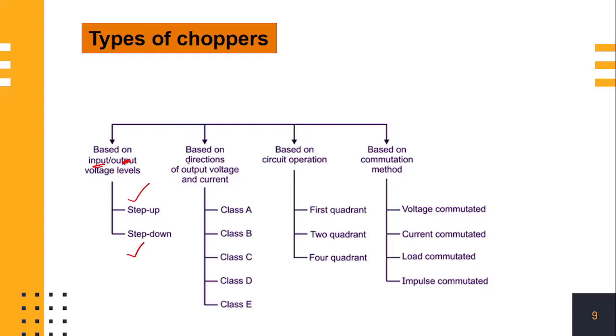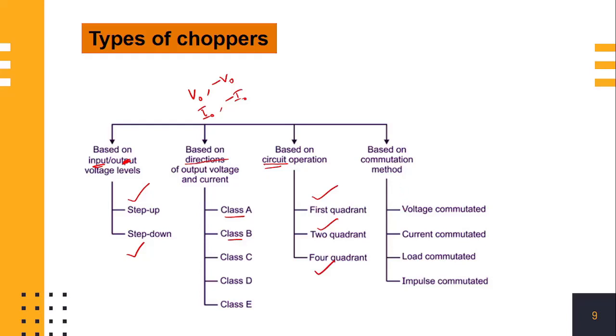Based on the direction of the output voltage and current, such as output voltage positive, output voltage negative, output current positive and output current negative, we have different configurations called class A, class B, and so on. Based on the circuit operation, first quadrant, two quadrant and four quadrant, it will be classified into three types.